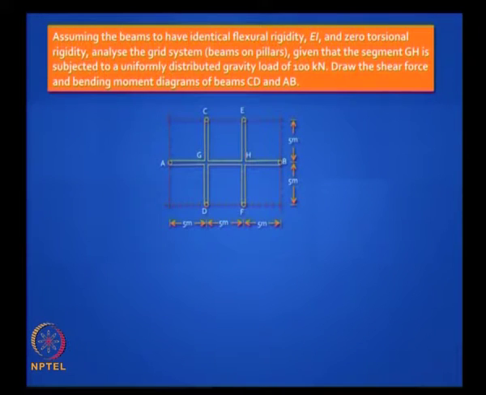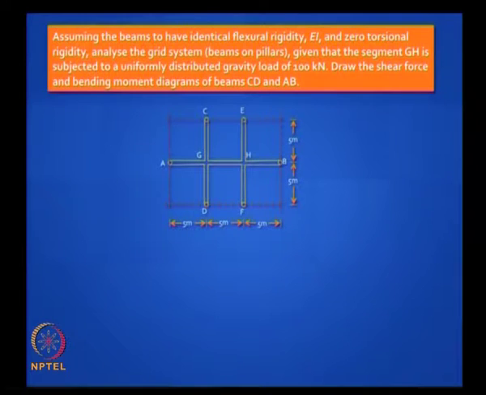Let us take a more difficult problem, and we will stop this section with that. Let us say you have a hall, a room with a grid of beams like this. It is symmetric, okay, grid of beams. So you have one long beam from A to B and two shorter beams, and let us say they are simply supported. That means they are resting on pillars, they are non-monolithic supports.